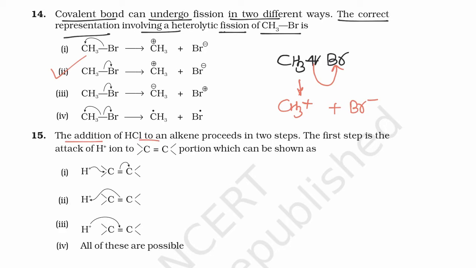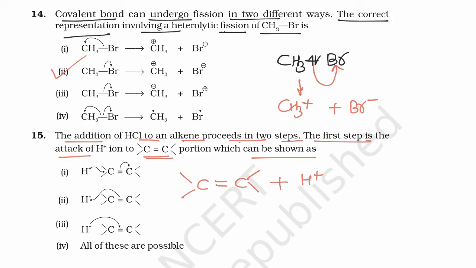The addition of HCl to an alkene proceeds in two steps. The first step is the attack of H positive ion on the carbon-carbon double bond, which can be shown as follows. Now in this reaction, the alkene acts as a nucleophile and H positive acts as an electrophile.